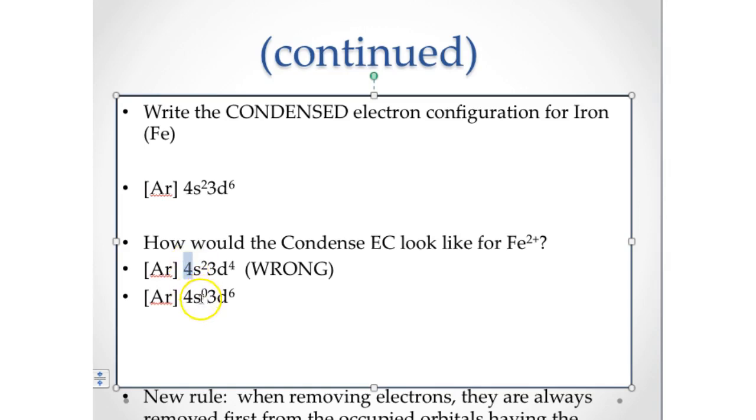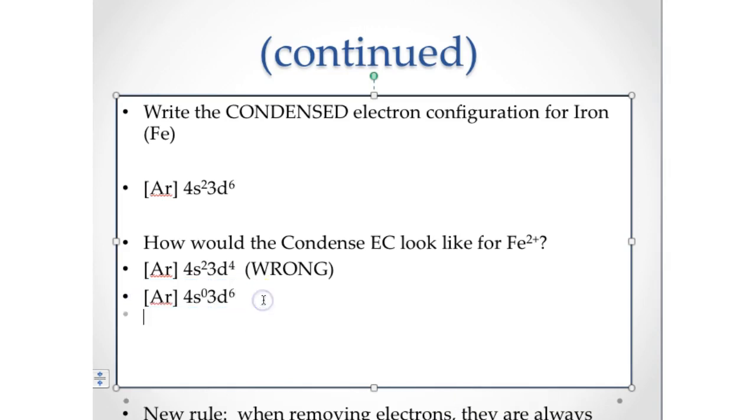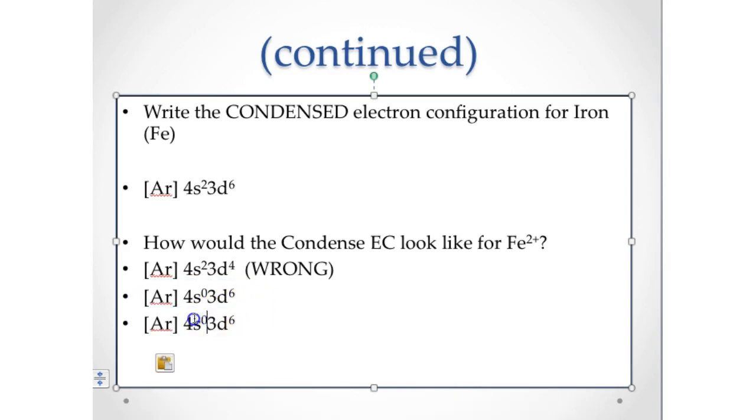So we have to remove electrons from that energy level first, and then we could get into the 3d shell. Okay, so this is the correct answer. Or another way to write it would be to just eliminate the 4s shell. So any of these two are correct.